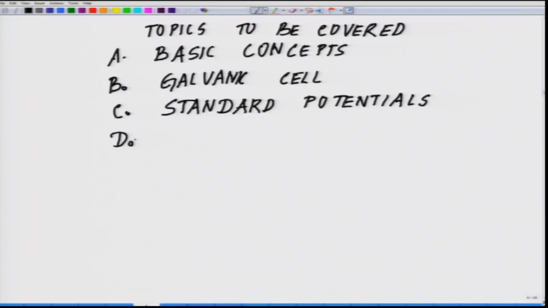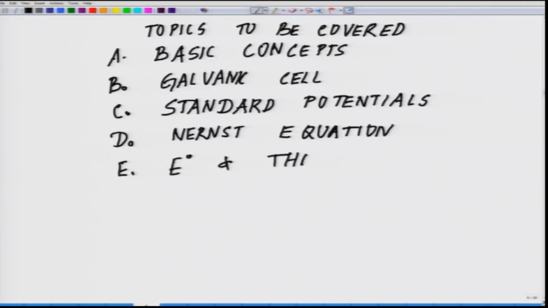Fourth, this week we will be dealing with the Nernst equation, one of the most celebrated equations. Next, we will be dealing with E0 and the equilibrium constant. We will come later to this E0 concept.